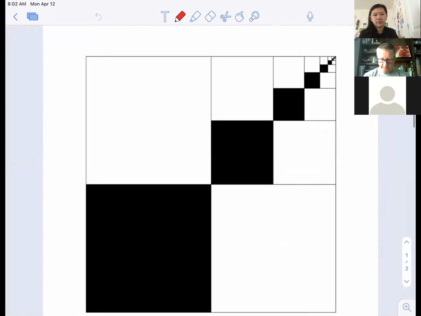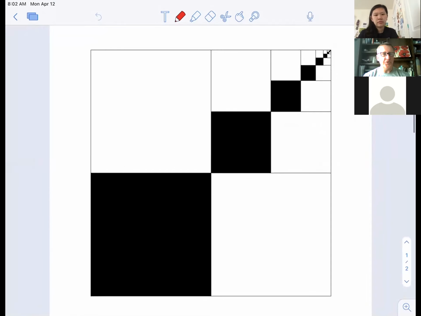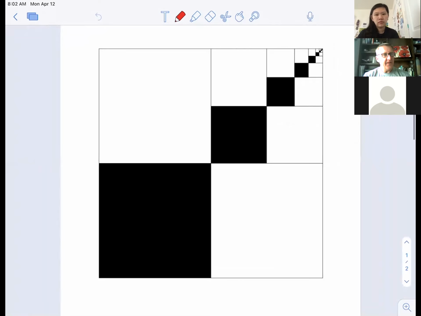All right, here's your warm up. I'm going to give you a second to think about this. I hinted at a question like this the other day. If that square was 1 by 1, what is the area I have shaded?